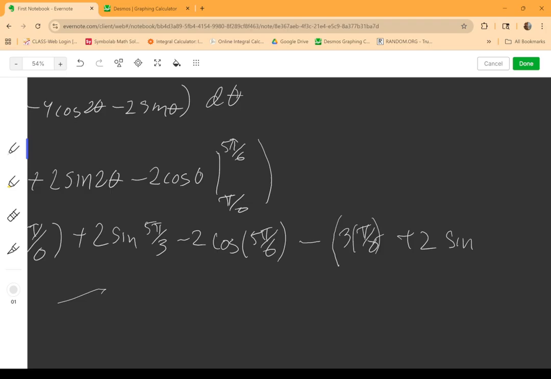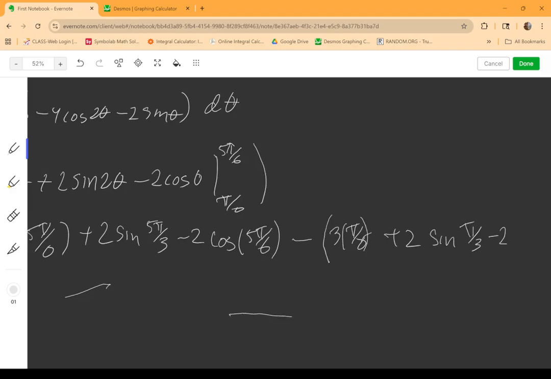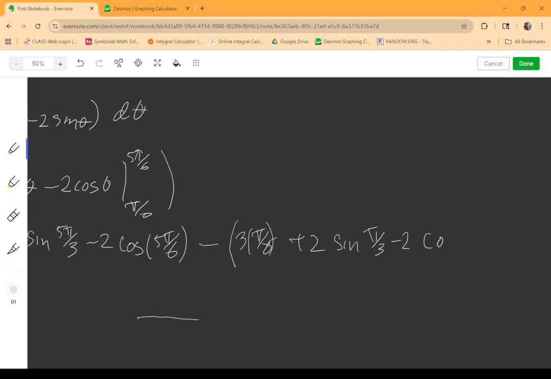Sine 2 pi over 3, minus 2 cosine of pi over 6.